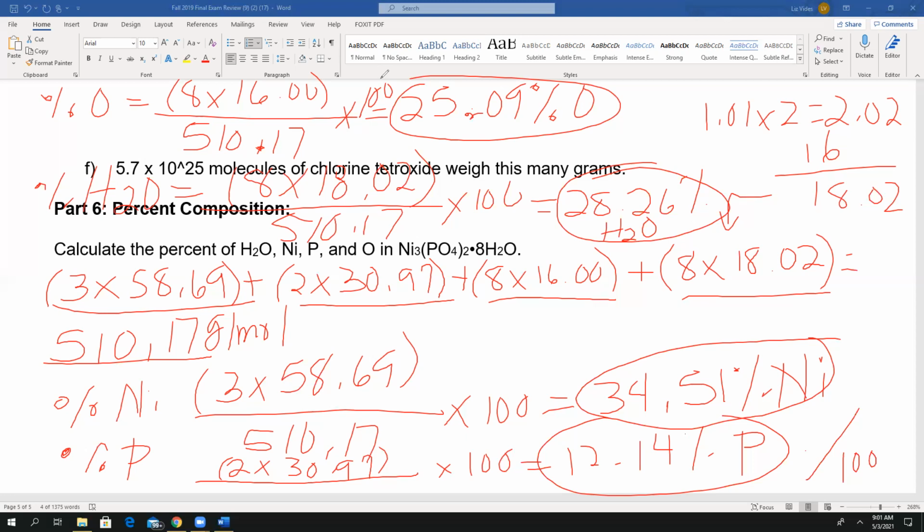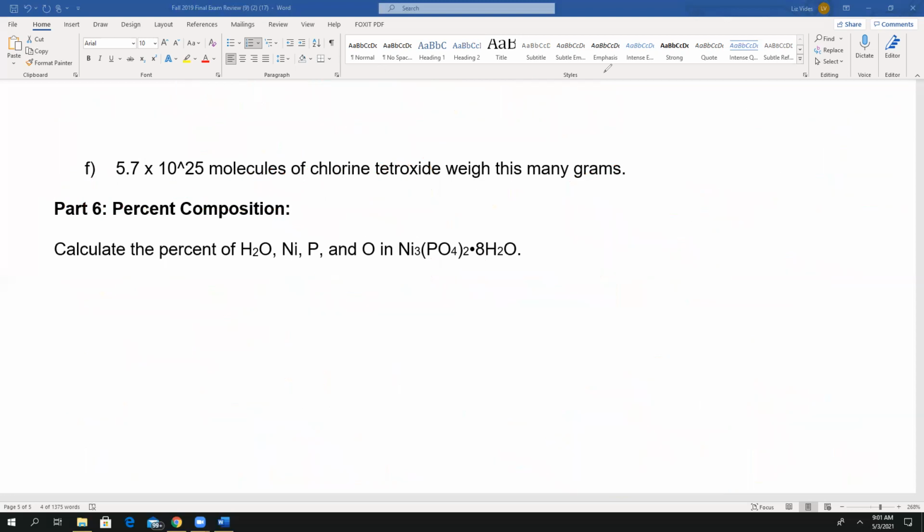Now, I said we would need to do a few more on stoichiometry, and I do have a couple right here that we can do. So let me clear these. You guys have it, right? We're going to do a couple stoichiometry problems, and then we'll be done for the whole semester.